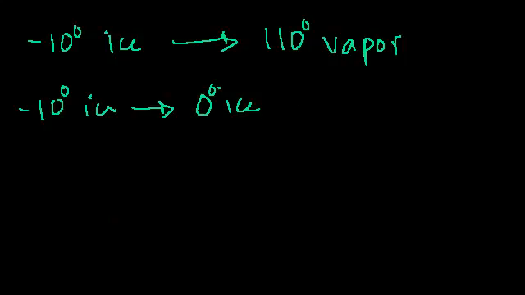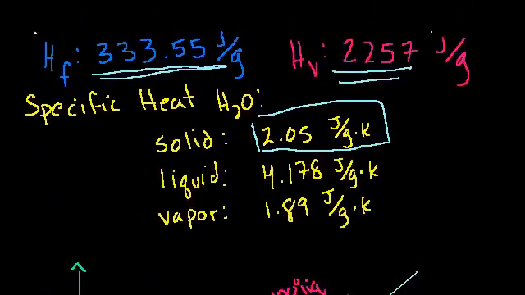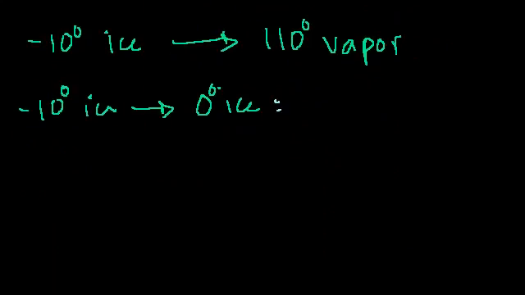So the heat is going to be equal to our specific heat first, 2.05 joules per gram Kelvin. Let me write that down. Our specific heat times, and I should tell you, we're going to have different values for the amount of ice we're warming up to vapor.